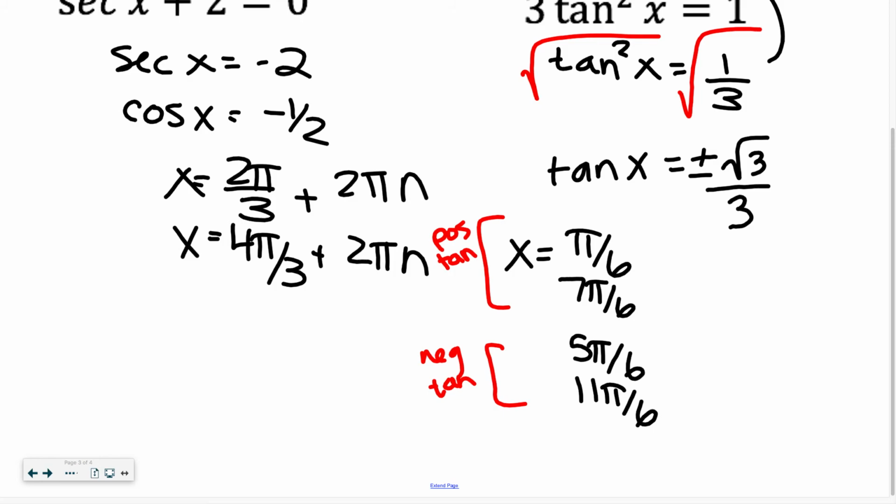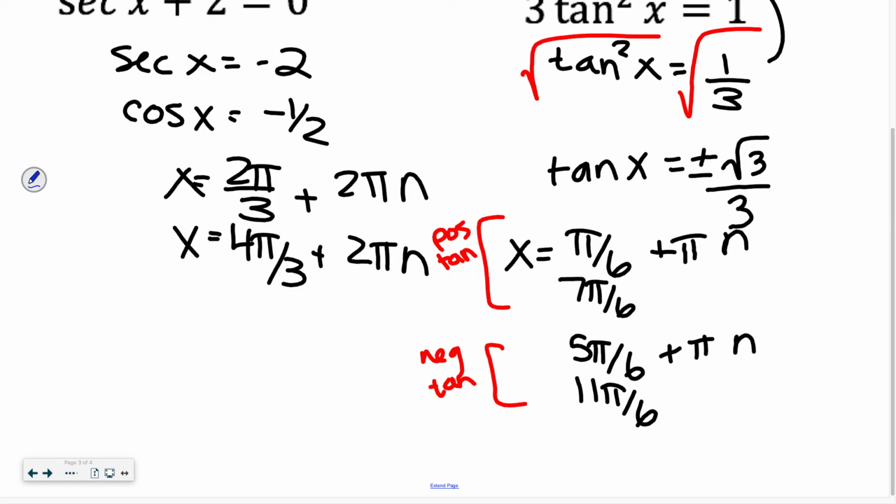So this is weird about tangent. If I put plus pi n on this one instead of plus 2 pi n, won't that encapsulate this one too? Okay. And if I put plus pi n on this one, won't that grab 11 pi 6 as well? Okay.